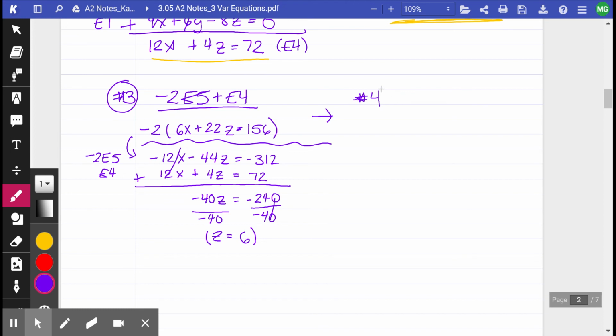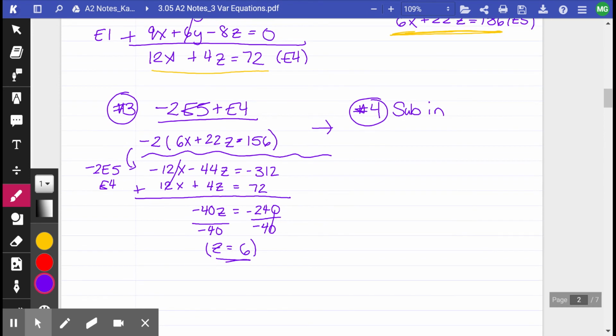Okay. Now I need to find x and y. So now it's just a matter of substituting in. So you want to sub in so that you only have one variable when you're solving. So I want to take z equals 6 and sub it into one of my 2 variable equations. So let's use equation 4.